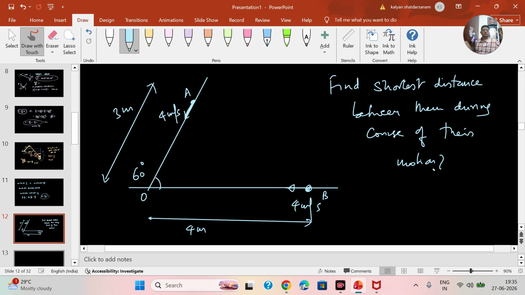I would suggest you do this with relative velocity only, because with calculus this is a bit more complicated. After t seconds, A will be somewhere, B will be somewhere. Then to find the distance between them is not going to be that easy, right? I mean, it's manageable. It still can be done, but it's a bit complex.